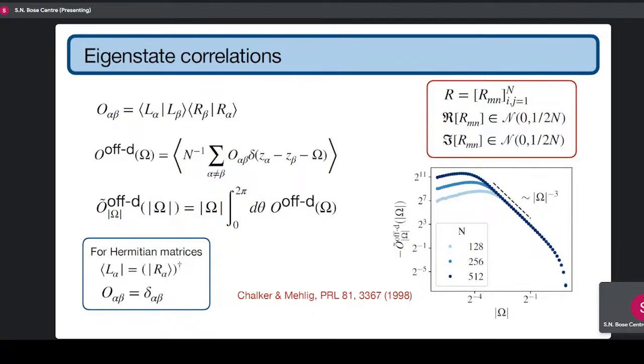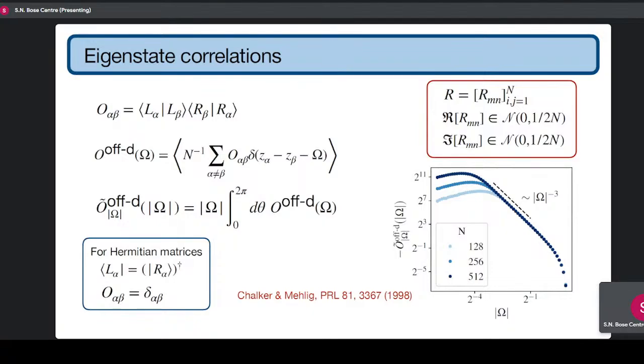The definition of this non-Hermitian random matrix is: I have a matrix where these R_mn are different elements of the matrix which have both real and imaginary parts, and all of these are chosen randomly from a normal distribution.